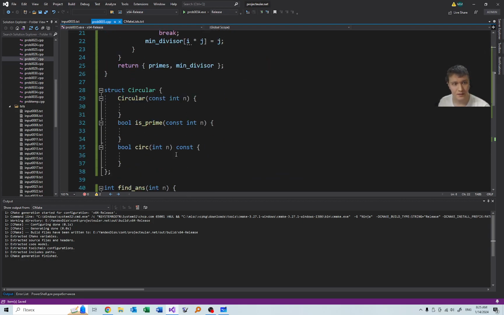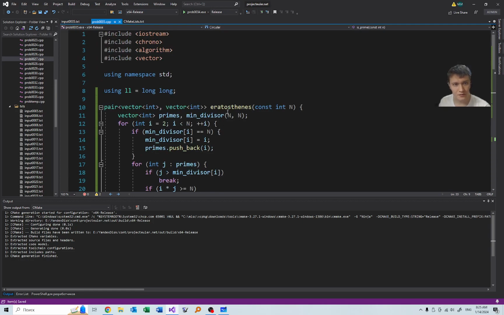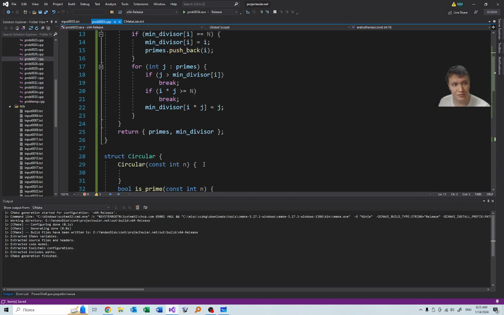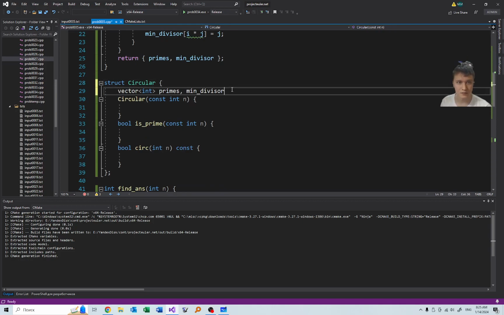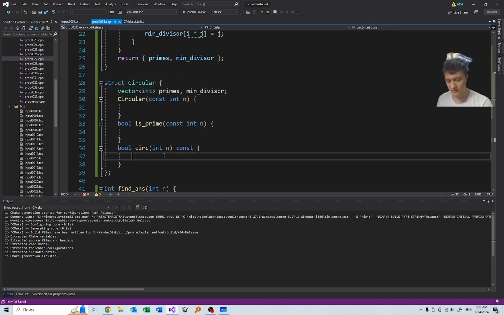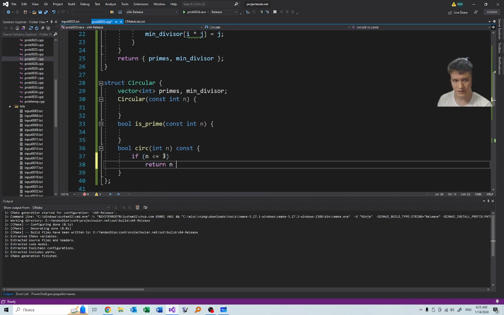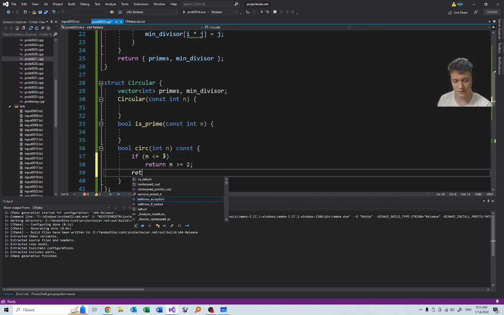Okay. So how do we check that the number is prime? We need to take Eratosthenes, which we will store in our structure. We simply check that if n is less than 2, we return false.